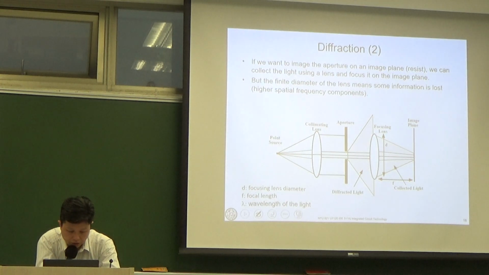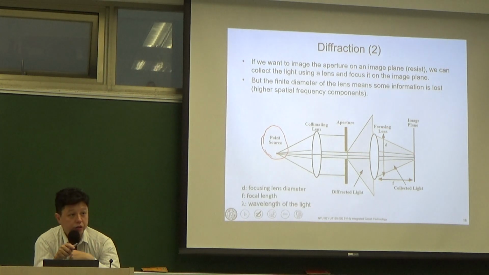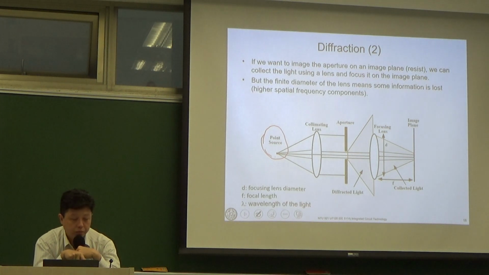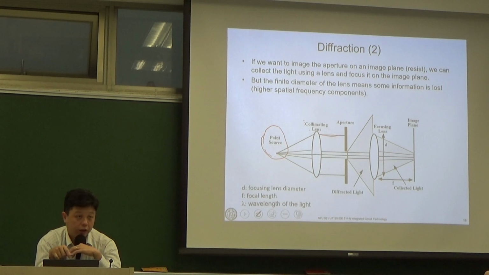Here, consider we have a point source. Although in reality there's no such thing as a point source, we use it to describe this ideal case. After the collimating lens, this point source will become parallel light.